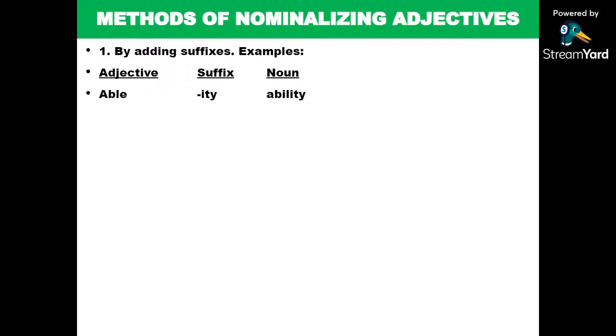The word able is an adjective, and if we add the suffix ity, we form the noun ability. The next we have good plus the suffix ness, we have the noun goodness. That becomes a nominalization. So goodness is a nominalization of good.